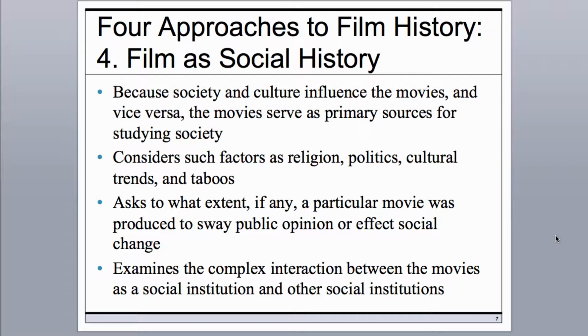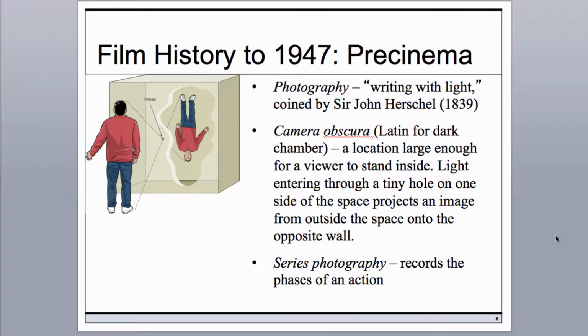It could be as simple as the way people dress to their social, ethnic thinking process. It examines the complex interaction between a film and the social institution, and is kind of separated that way from other social institutions. So let's look at how film first developed.